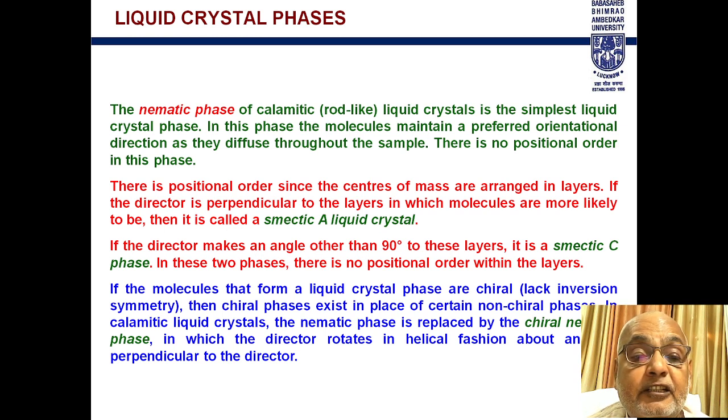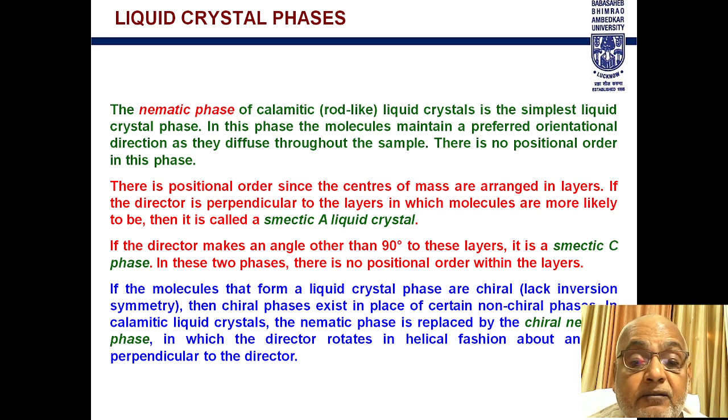In the smectic phase there is positional order, since the centers of mass are arranged in layers, and if the director is perpendicular to the layer in which molecules are more likely to be, then it is called a smectic A liquid crystal. If the director makes an angle other than 90 degrees to these layers, it is a smectic C phase, and in these two phases, there is no positional order within the layer.